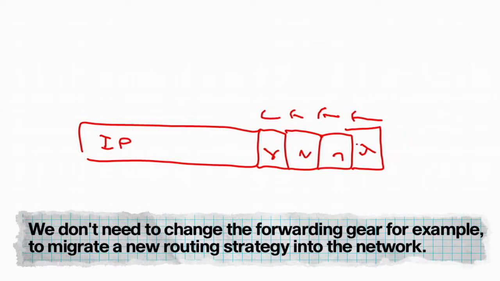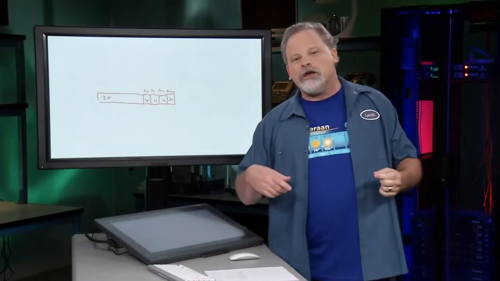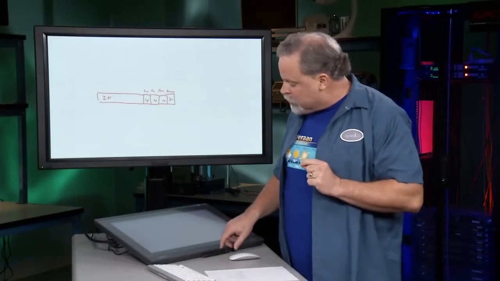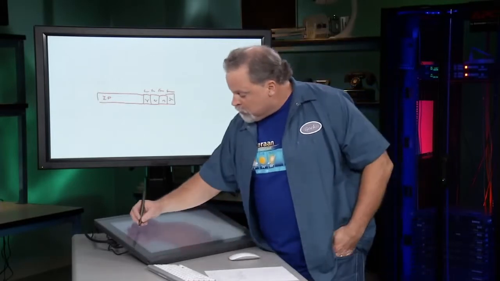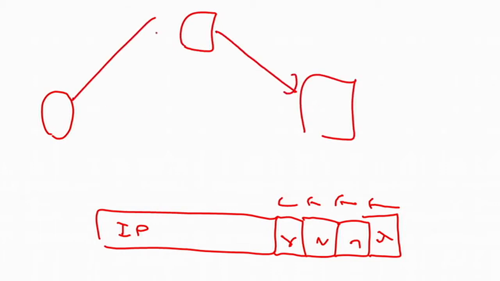The advantage that stacking these labels gives me is that basically I can create tunnels inside of a network. So when I'm building out my label switching network, my MPLS network, I can have a path. These are my LSRs, my label switching routers.